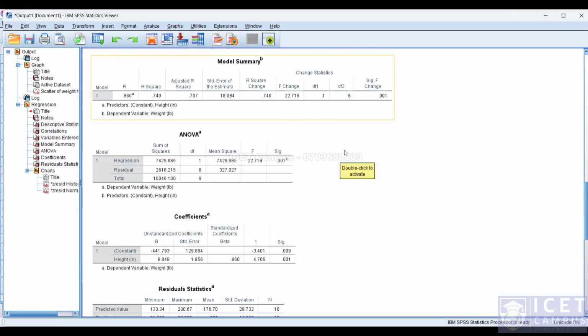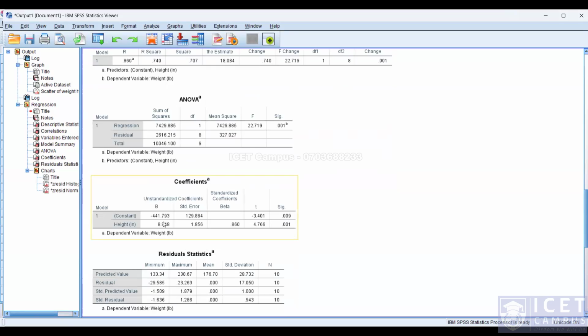Okay. And the most important one is the coefficient table. So here the constant is negative 441.793 and the gradient is 8.848.